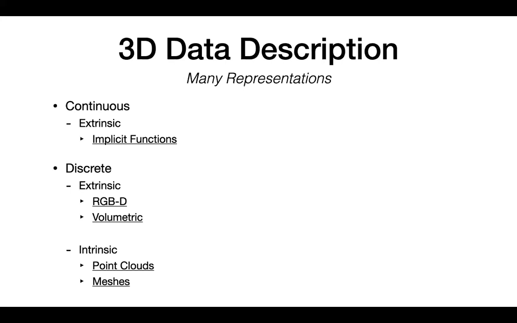So just to summarize, we have many representations. We have continuous descriptions that in general are extrinsic and are given by implicit functions. And then we have discrete descriptions that could be either extrinsic or intrinsic. The extrinsic are discretizations of global functions, like RGBD, that would be the space of a camera, and then volumetric, the space of the whole scene, right?